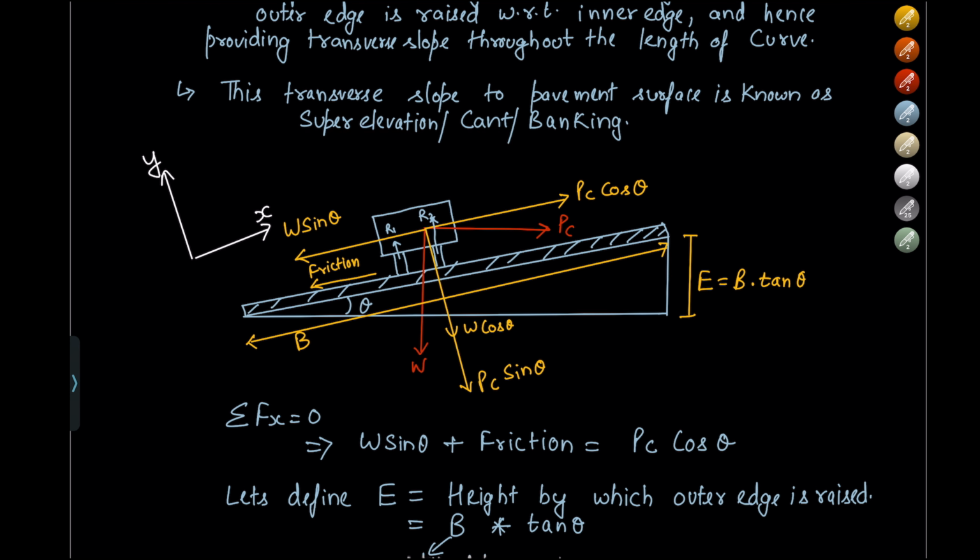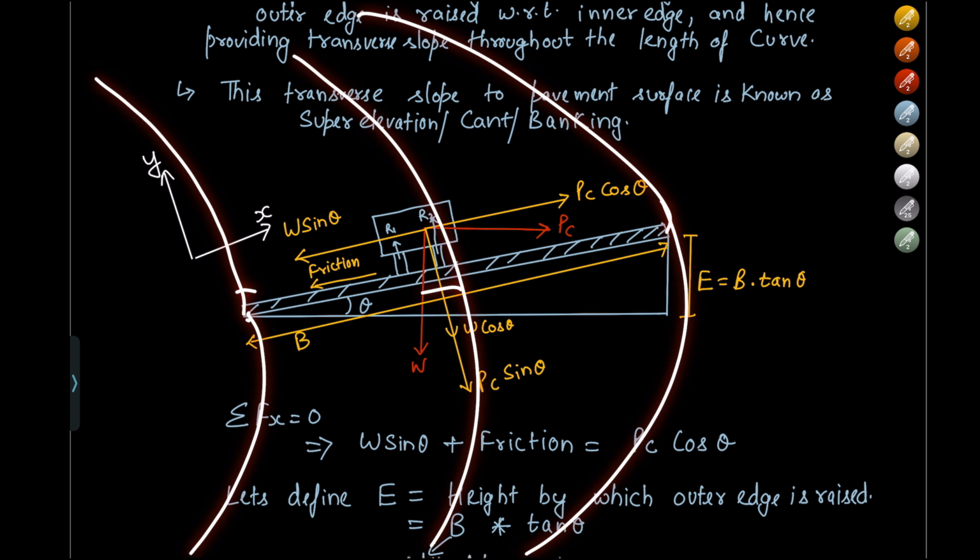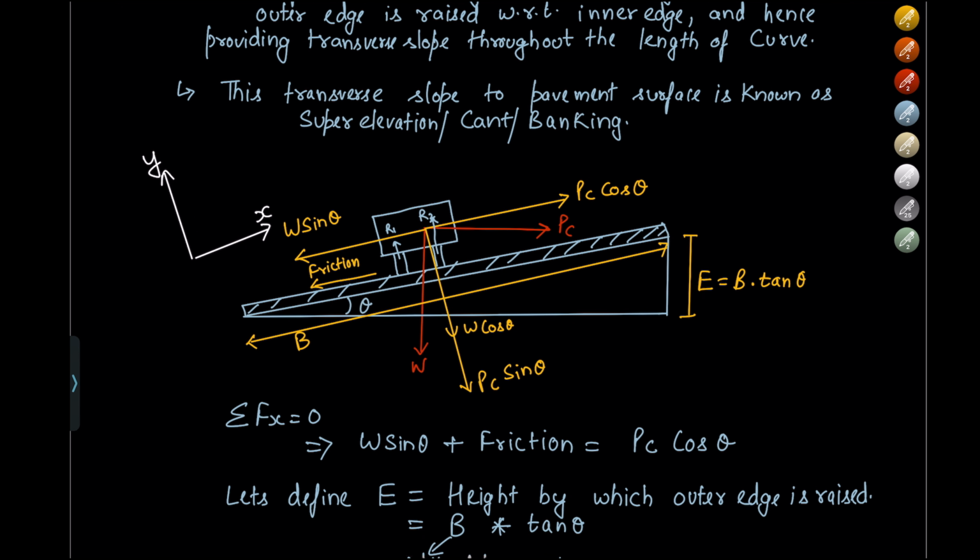So let's analyze this diagram. Here, the road is represented by this shaded portion. There are different forces occurring on this road, since the road is on this side and it will have a radius on this side. So this will be the R value, and a centrifugal force of Pc is acting on the vehicle.